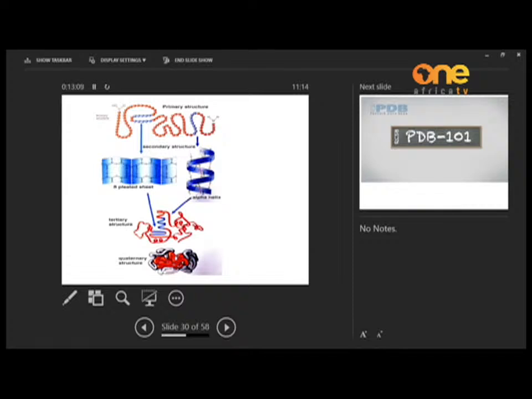And here we are. Proteins has a primary structure, which means I have a specific sequence of amino acids. If they are then with hydrogen bonds, either link as a sheet or a helix, I have my secondary structure.